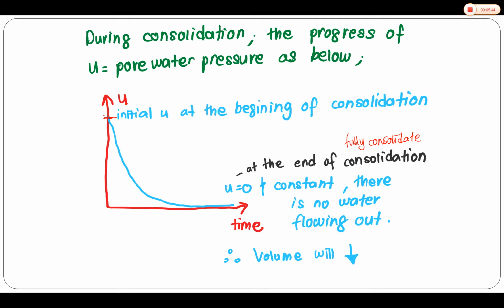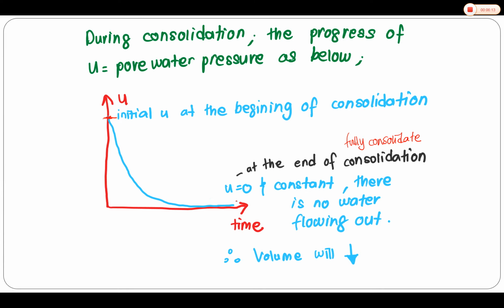Okay, why? Because before consolidation, tanah tu kita saturate. So bila saturate, dia ada amount of water kat dalam tu. It's not zero, dia ada some amount of water, sebab tanah dah totally moist. So it's somewhere here. Okay, when we start the consolidation, kita apply sigma 3, and at the same time kita open the valve. So air will reduce, U will reduce slowly. Okay, till the end.